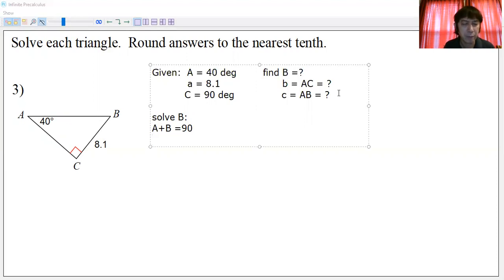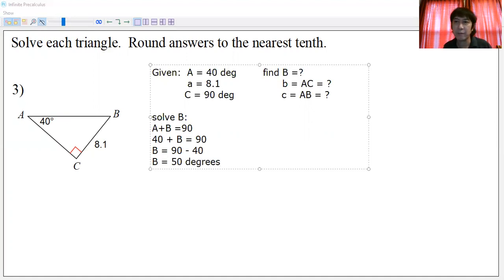We have capital A, the angle 40 degrees, plus the angle B is equal to 90. Two given, one unknown. Angle B is just 90 minus the 40, which gives us 50 degrees.